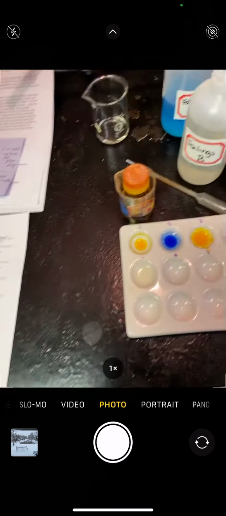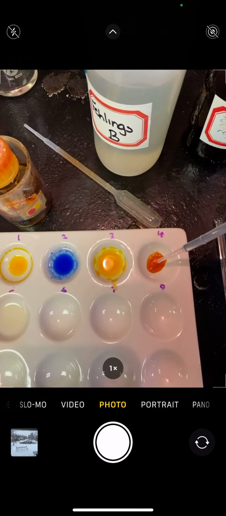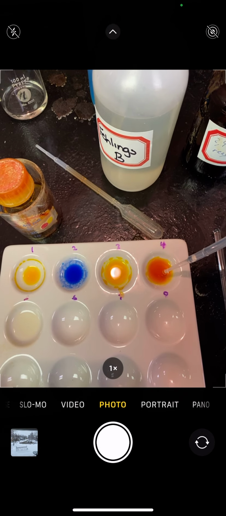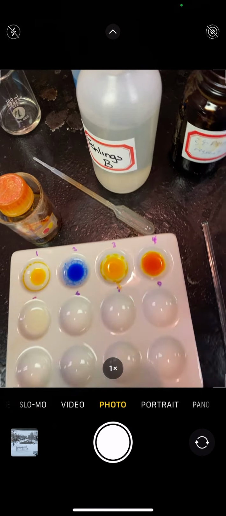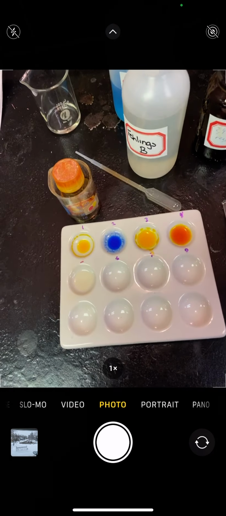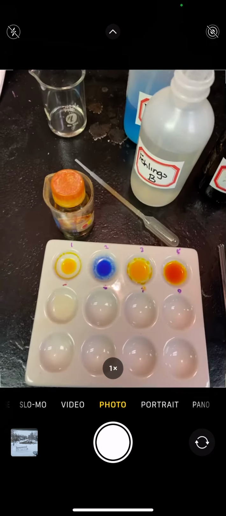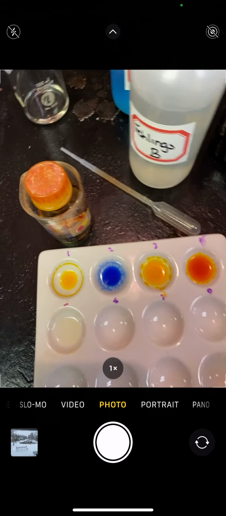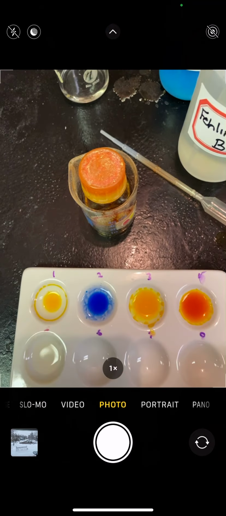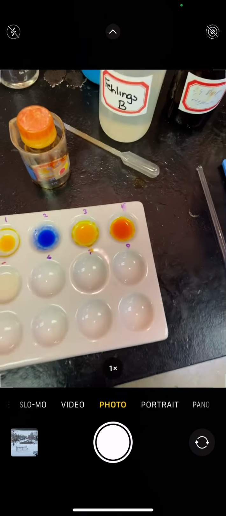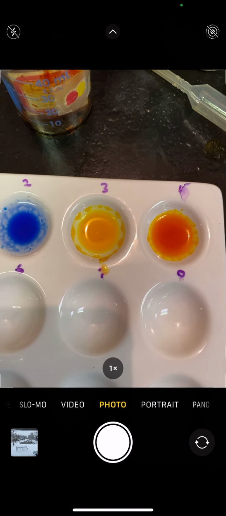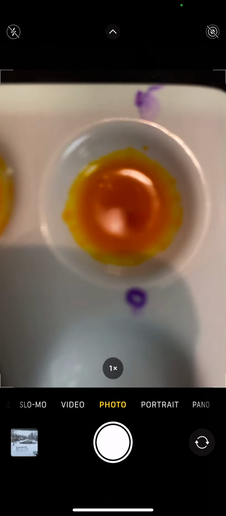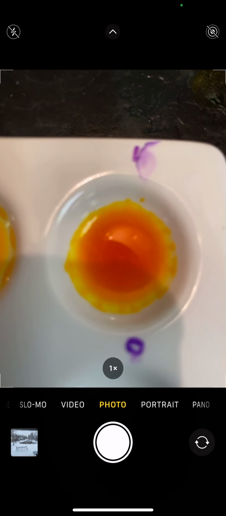So it's positive for aldehydes and alcohols, turns blue-green. Let's see what happens here. Okay, so this one normally you can see almost immediately. And I'm not seeing any blue-green in there, are you?